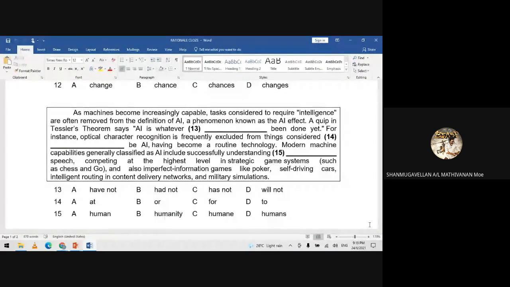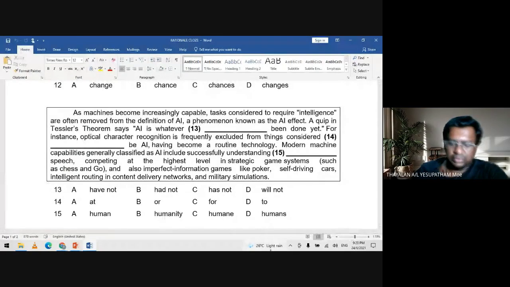Having become a routine technology, modern machine capabilities generally classified as AI include successfully understanding human speech, competing at the highest level in strategic game systems such as chess and Go, and also imperfect information games like poker, self-driving cars, intelligent routing in content delivery networks, and military simulations.